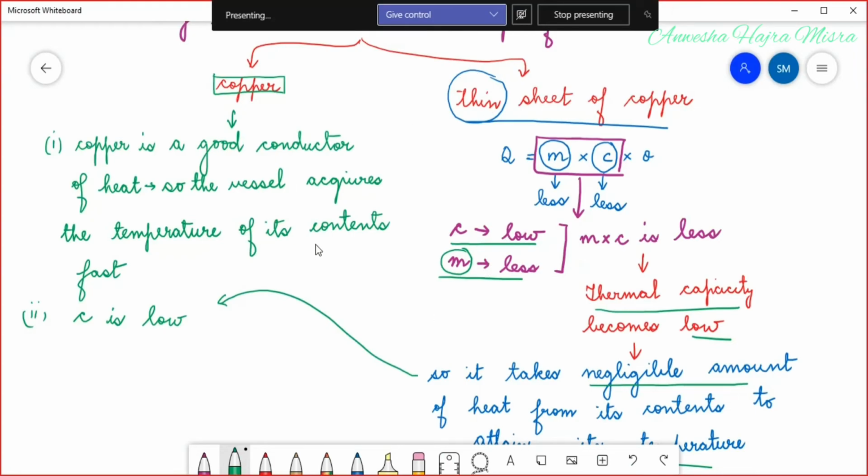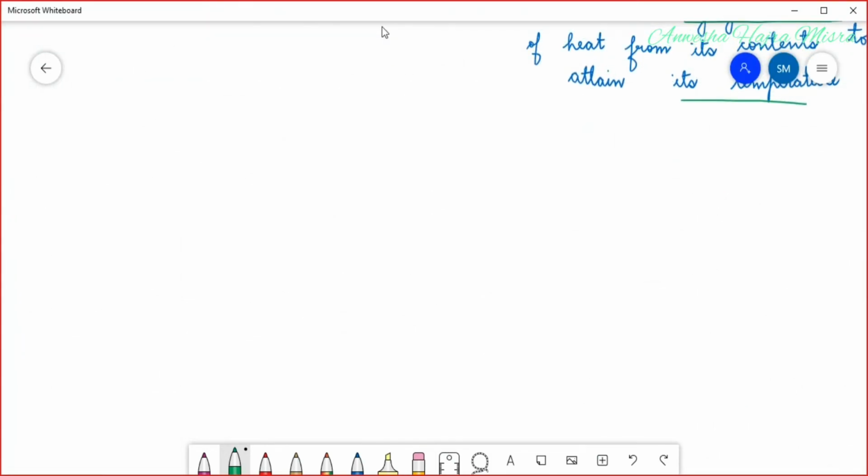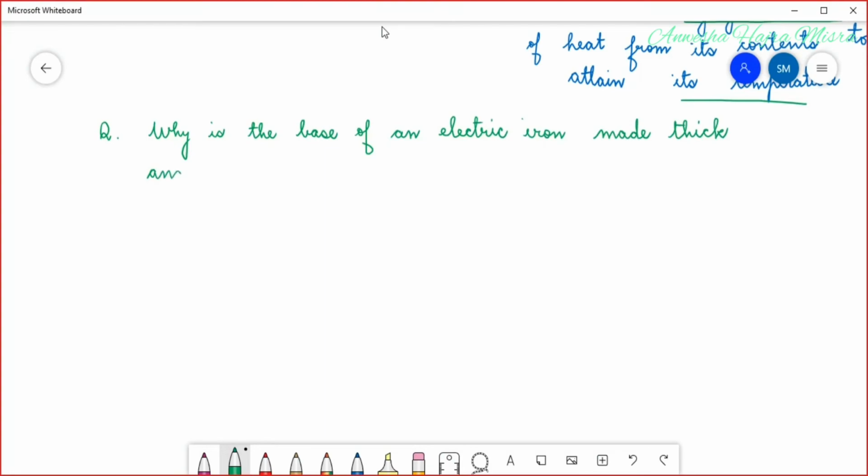Or we can get a question like this. Why is the base of an electric iron made thick and heavy?